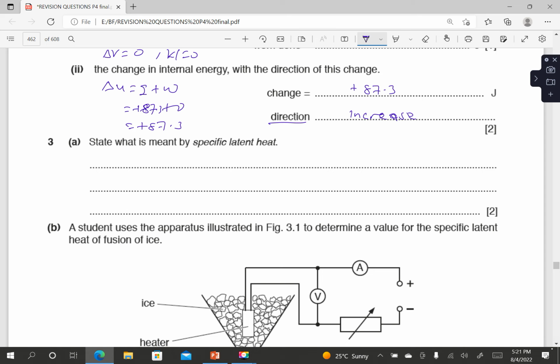So the thermal energy or heat energy required to change the state of a unit mass. This is very important, a unit mass. That is 1 kilogram. A unit mass of a substance.